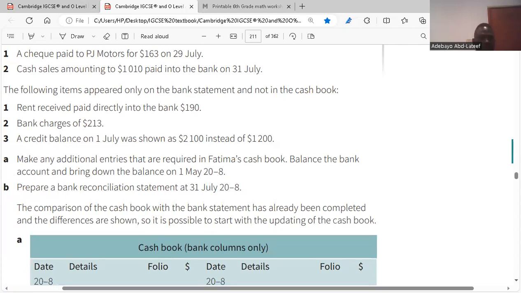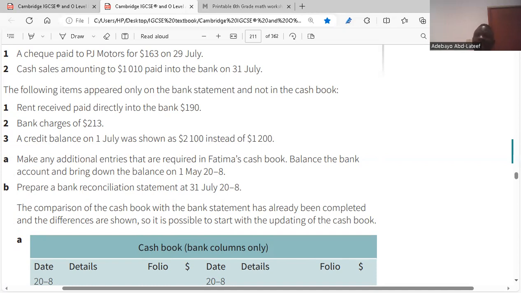a credit balance on 1 July was shown as 2,100 instead of 1,200. The bank credit balance was supposed to be 1,200 but was shown as 2,100. This could be as a result of unpresented checks or amounts not yet credited.